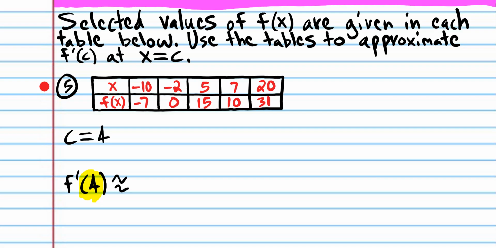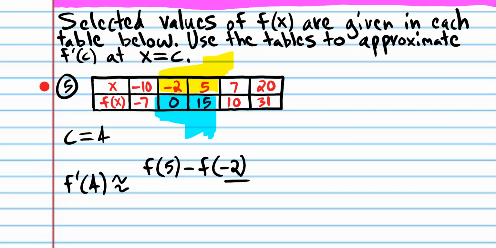So notice that 4 is between -2 and 5. So we're going to use these two x values and these two corresponding y values. So we're going to say that the instantaneous rate of change of the function at x equals 4 is equal to the difference of the y values of the function divided by the difference of the x values of the function.